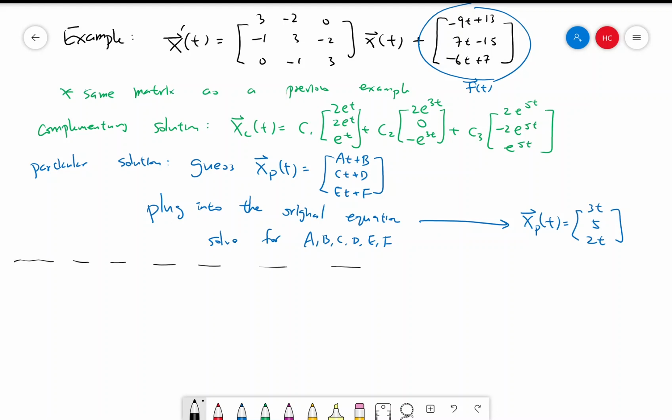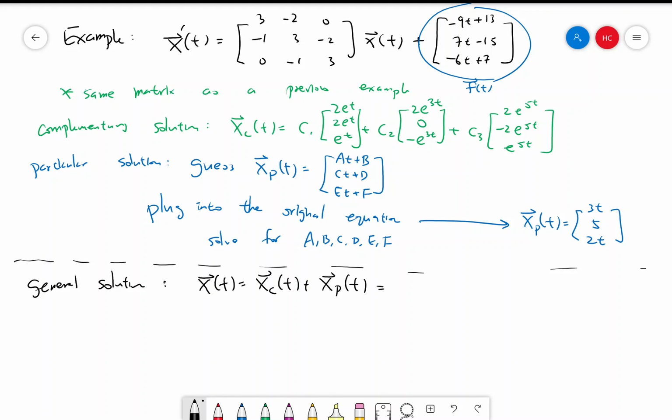So the general solution is x equals the complementary solution plus the particular solution.